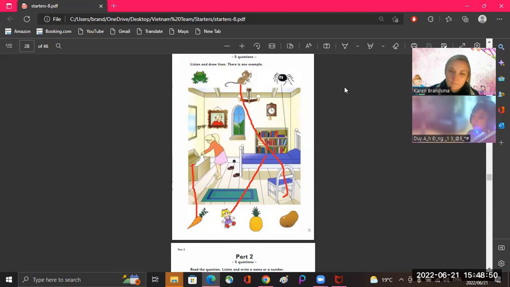Between the 2 shoes. Okay. I'm doing that now. 5. And can you find the pineapple? Yes, I can see it. Please, can you put it next to the mirror? Okay. I'm putting the pineapple next to the mirror now.